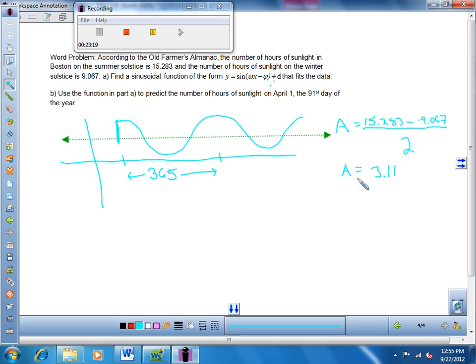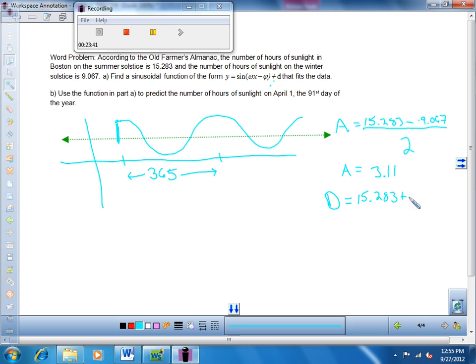With me? Okay? Now I got to figure out the shift, the D value, right? The vertical shift. So it's shifted up, right? And the way I get that is by taking the average of the max and the min.